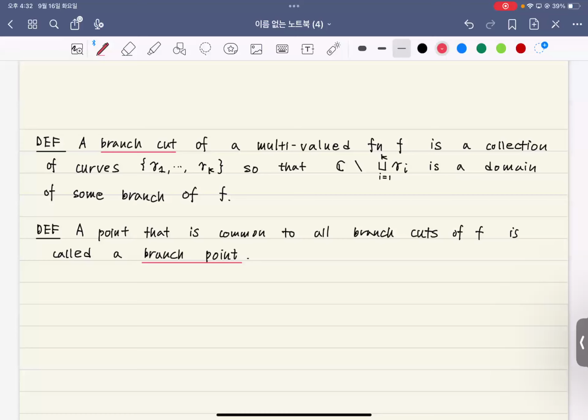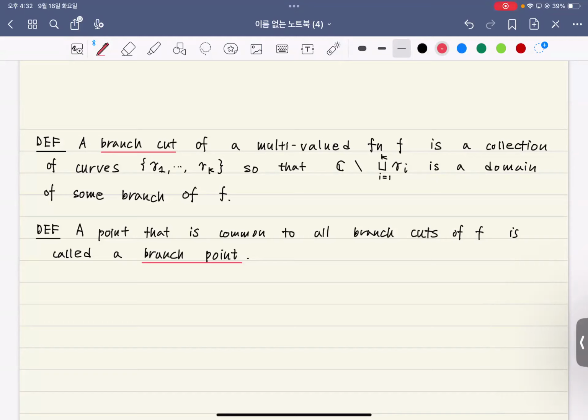Well, this is a little digression. I'm really sorry about this, but this is a multi-valued function, right? I want to define a branch of this multi-valued function.